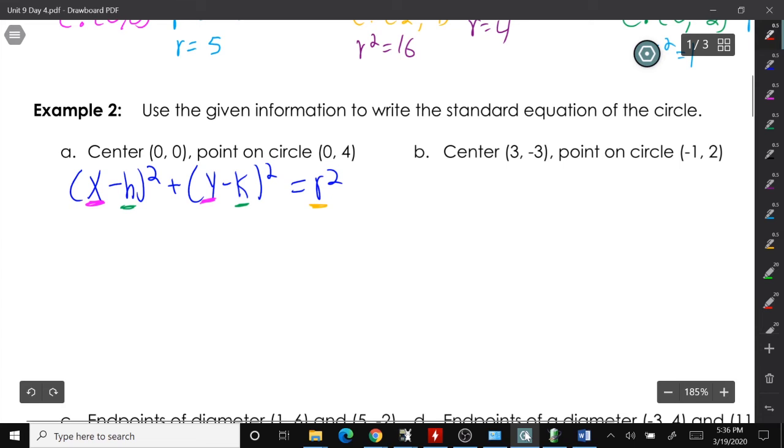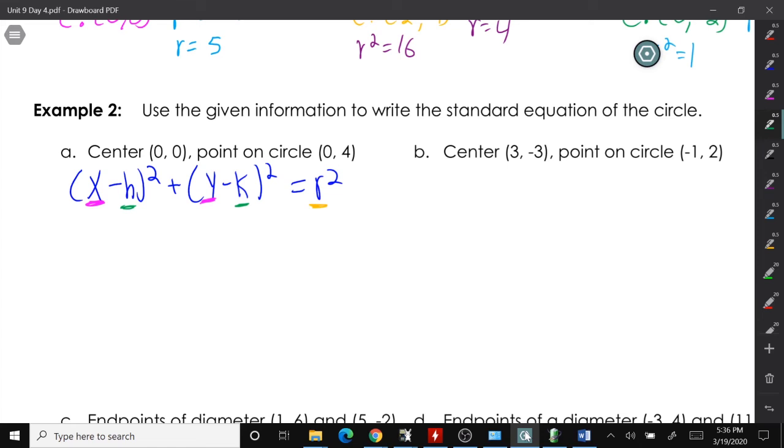Well, we need to figure out the radius here. We know that the center is at 0, 0, and we know that the point 0, 4 is on the graph.